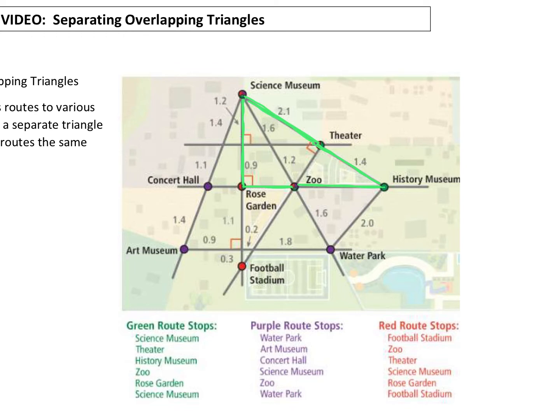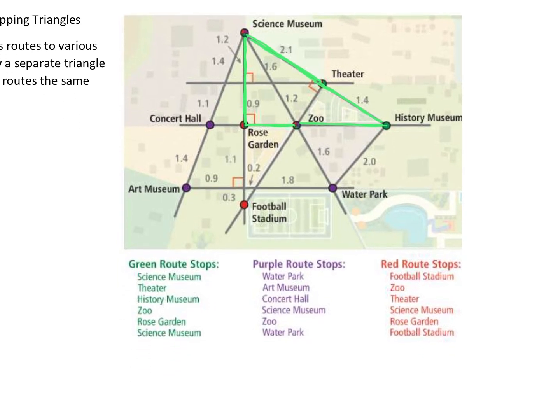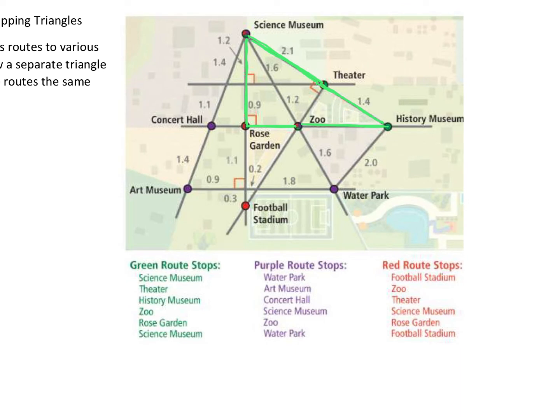So we can see that the green route forms a triangle with a right angle right here. So we do have a right triangle. So why don't we redraw that right triangle below the green route? Looks like this. It's a right triangle. And let's see, what are some of those measurements?